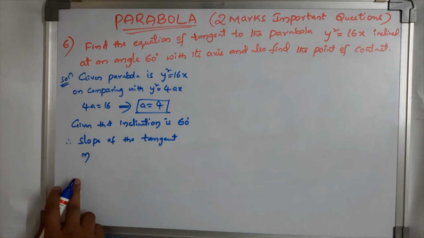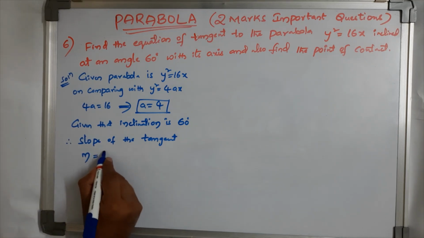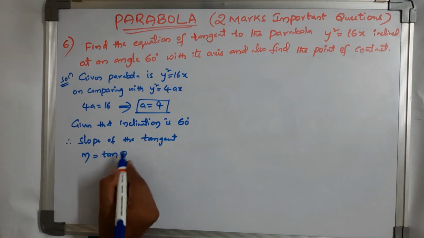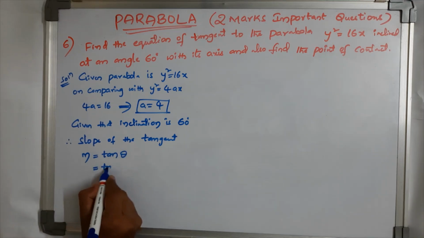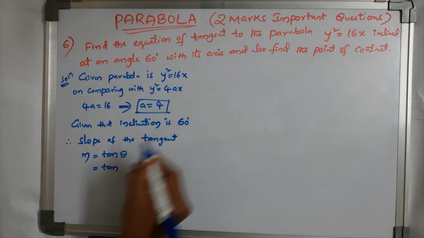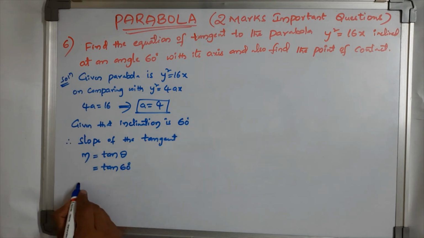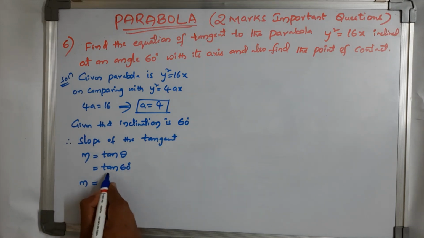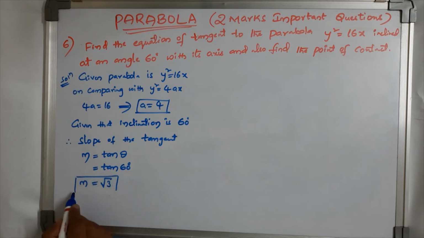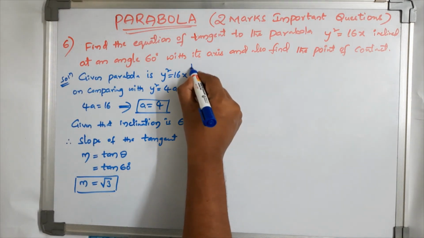We know the slope of the tangent is tan theta, and theta is 60. So m is equal to tan 60, which is root 3, right?